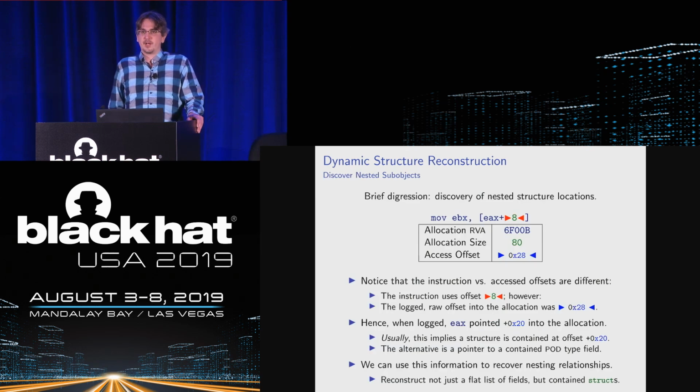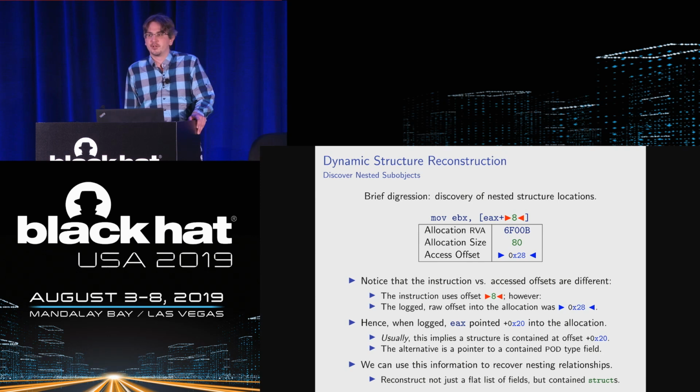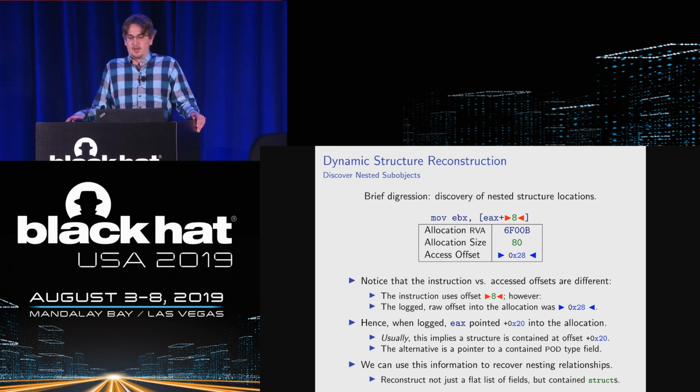A brief digression: through this process, we don't just discover a flat list of fields, but we can discover nested structures contained within other structures. For example, if we observed the access that we see on the top of the slide here, the x86 instruction has EAX plus 8, whereas the recorded access offset is 28.